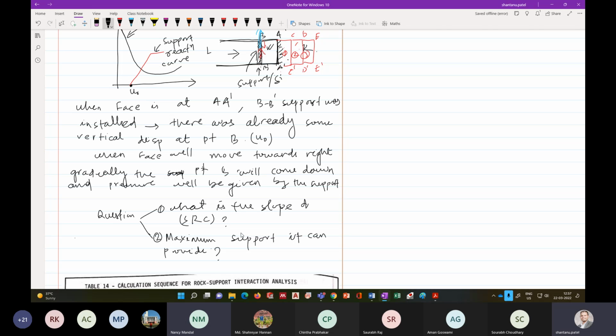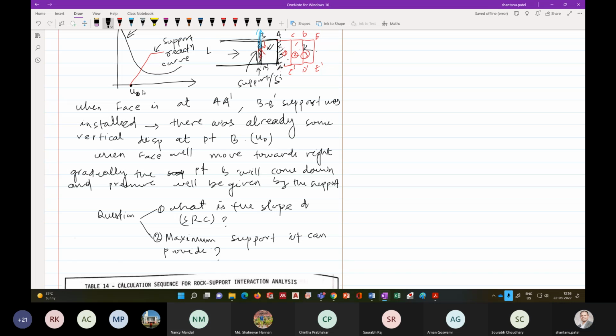And that displacement which was already there when we put the support system is your U0. Okay, so there will be some displacement before the installation of BB dash. Yes. Okay, sir. Thank you, sir.